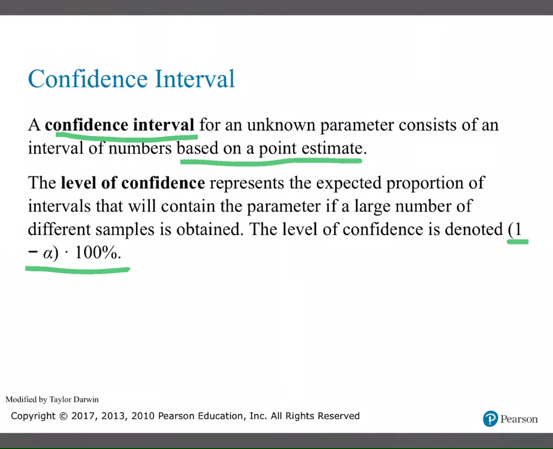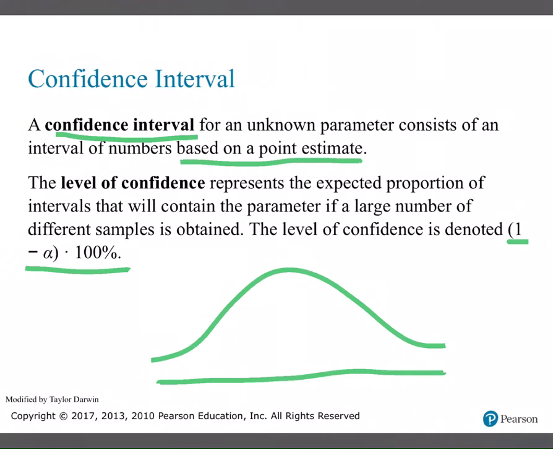Basically, it's probably going to be a little confusing logistically right now until we do an example, but here's just a visual. Let's say I have my normal distribution, and my p hat goes in the middle. That's my point estimate, which was 0.6298.